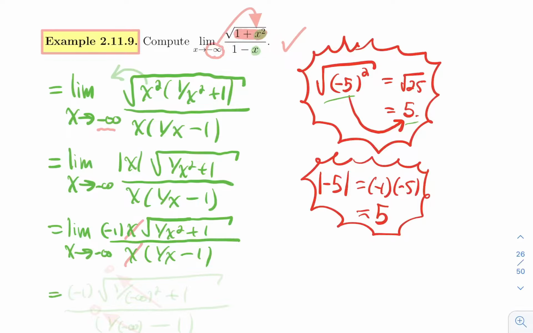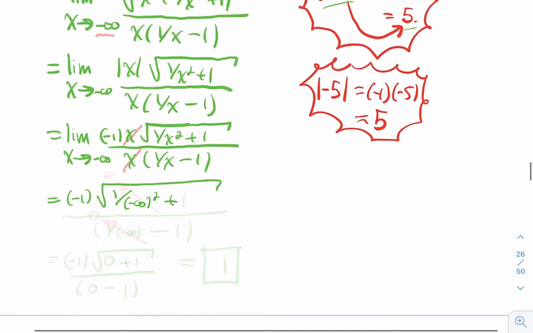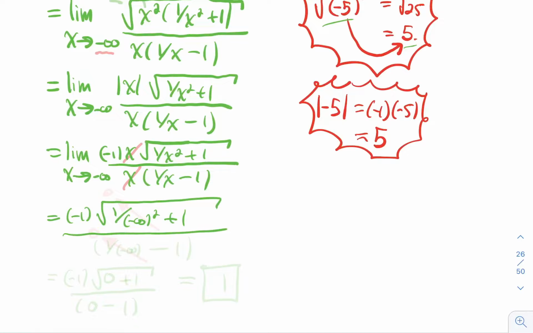When you evaluate, the limit goes away. So you get the square root of 1 over minus infinity squared plus 1, all that over 1 over minus infinity minus 1, where x is replaced by minus infinity everywhere. Remember, all those fractions are going to go to 0.